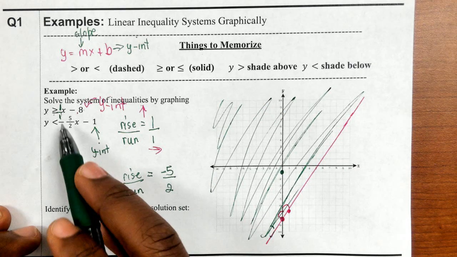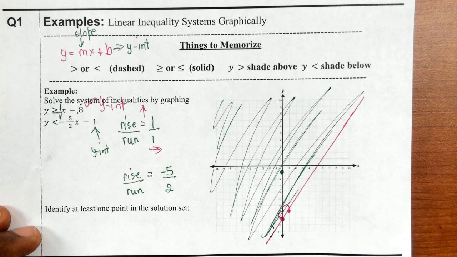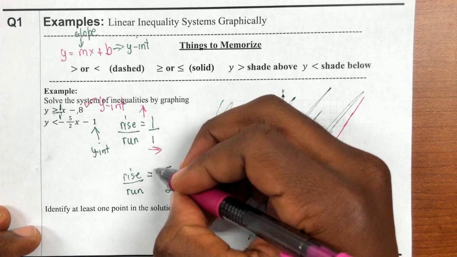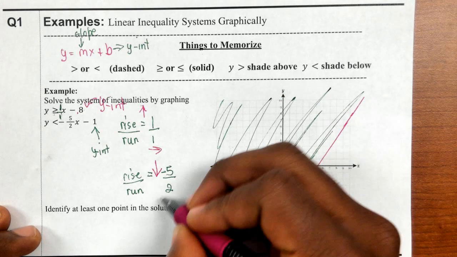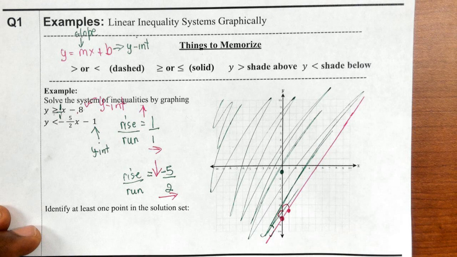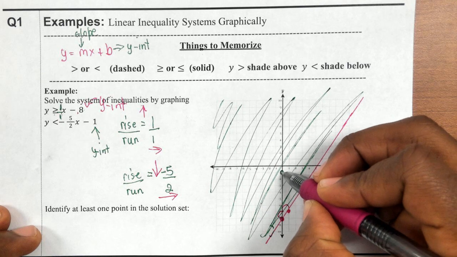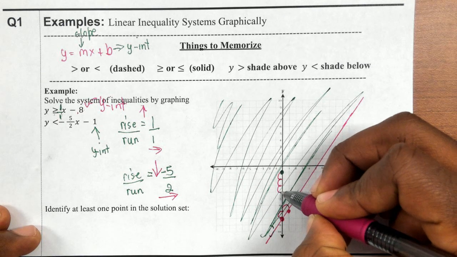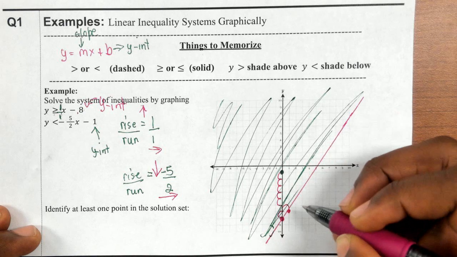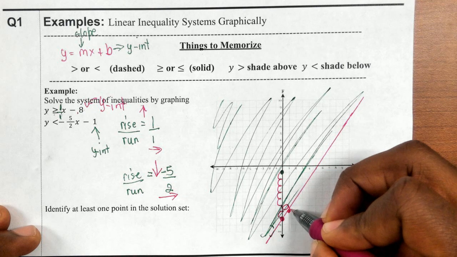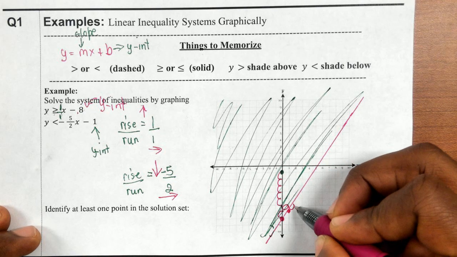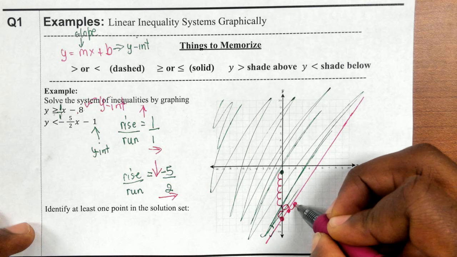Always apply the negative to the number at the top, the numerator. This -5 means you're going to go down 5 and then to the right 2. So I'm going to go down 1, 2, 3, 4, 5, and then to the right 1, 2. That will put me approximately right here.